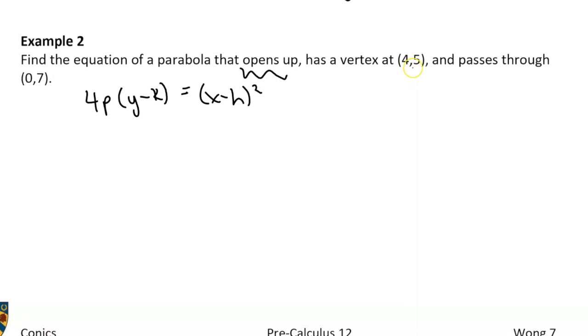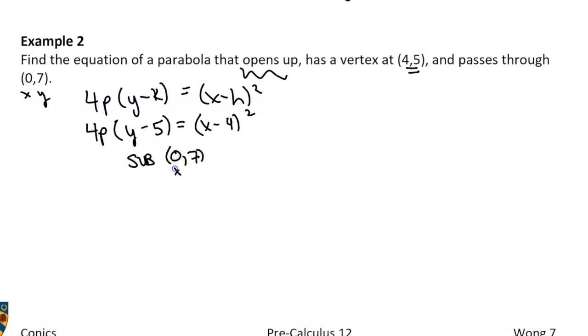It has a vertex of (4, 5), so we would have y subtract 5, and we would have x subtract 4 squared. And it passes through the point (0, 7). So now what we need to do is sub in 0, 7 for x and y, and we can find out what our p-value is.